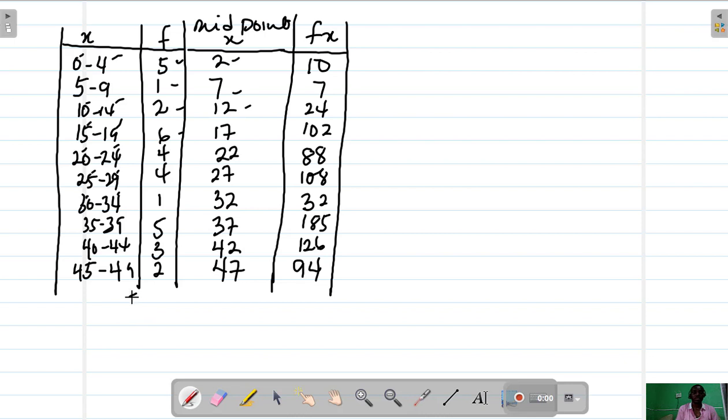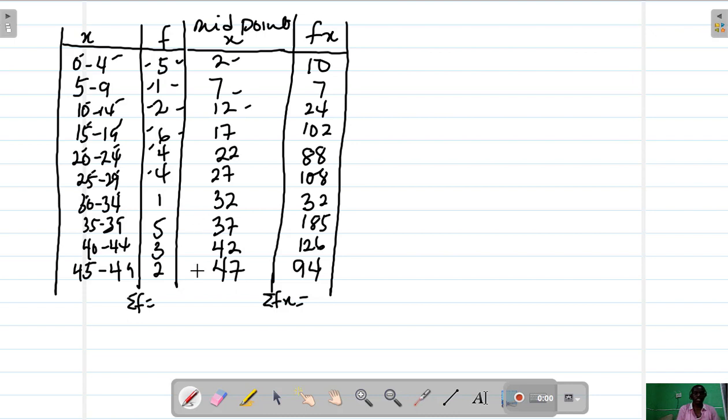So sigma f and sigma fx. Let's sum all the frequencies here. It will be 5 plus 1 plus 2 plus 6 plus 4 plus 4 plus 1 plus 5 plus 3 plus 2.